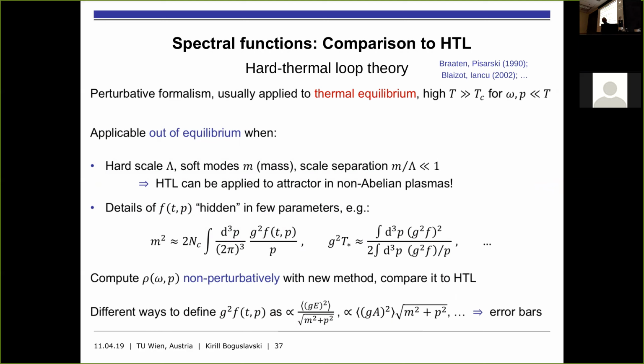the main assumption is that you have a separation of scales, that your hard scale lambda is much larger than your soft scale, which is basically given by your mass. In thermal equilibrium, this is given by temperature, and this is given by g times temperature. Out of equilibrium, this is a different scale. This is your hard scale, basically. And the point is that the spectral function, for instance, that you obtain from HTL does not care about the form of f.